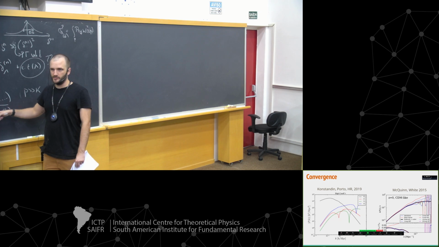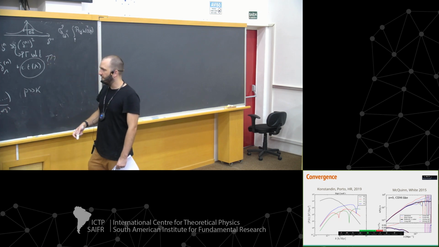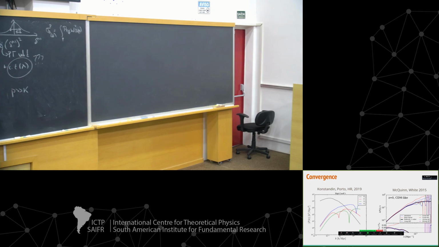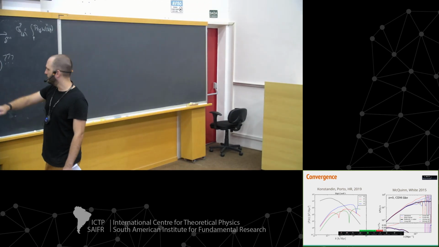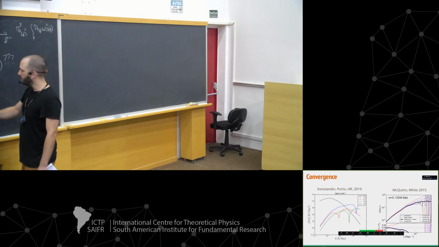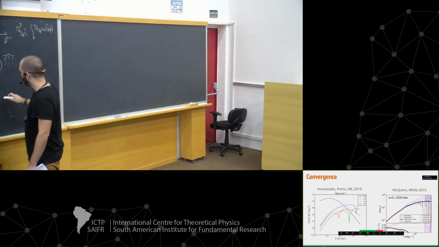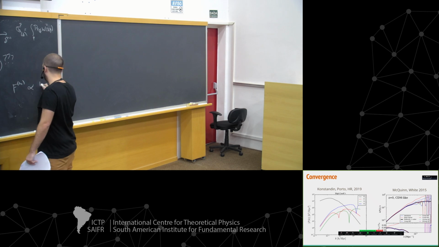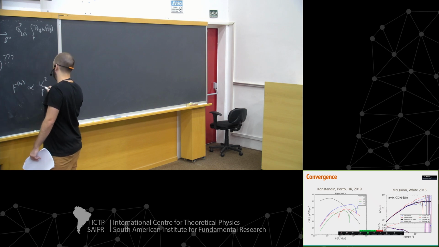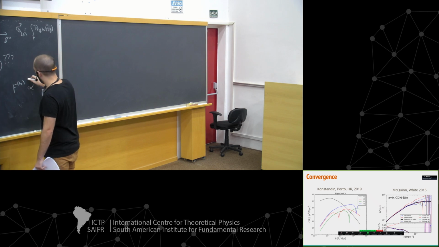You can check it. It comes directly from the fact that you can expand those Fs in terms of P over K, and the properties of the alpha and beta kernels. We know that Fn is going to be proportional to K squared over P squared when K is smaller than P.